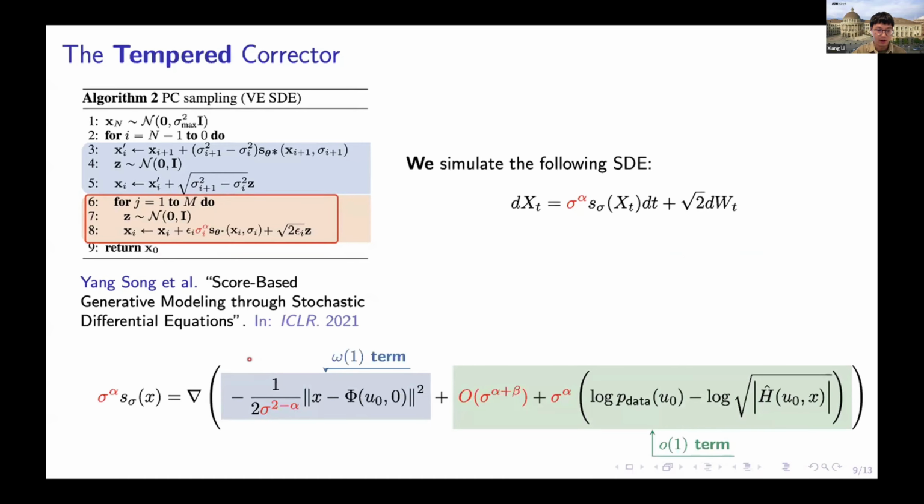As long as alpha is smaller than 1 and sigma goes to 0, this term still stands out, and it pushes all the densities towards the manifold and does not introduce any side information like the density. Otherwise, the density information after multiplying by sigma to the power of alpha becomes a small o(1) term. So as sigma goes to 0, it does not contribute to the limiting distribution.